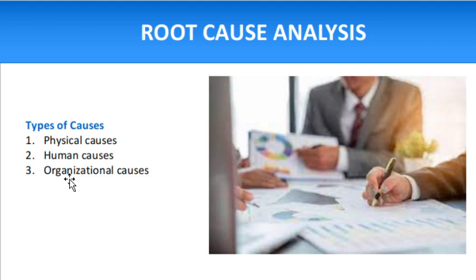If you are not talking with the customer before the deployment, it's another problem. So basically there are three main causes of problems. The first one is the physical causes, like hardware and software problems. Then human causes, where humans make some mistakes, and next is the organizational causes, which means some problem in the procedure.